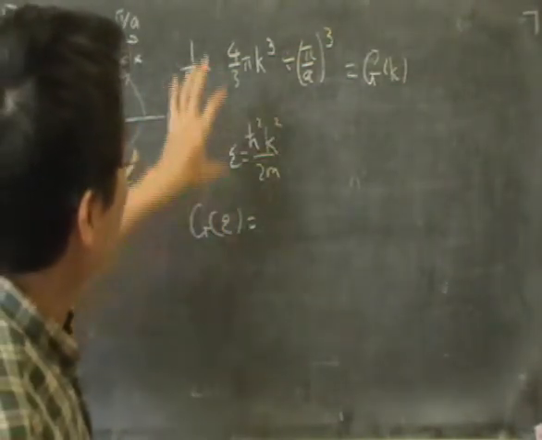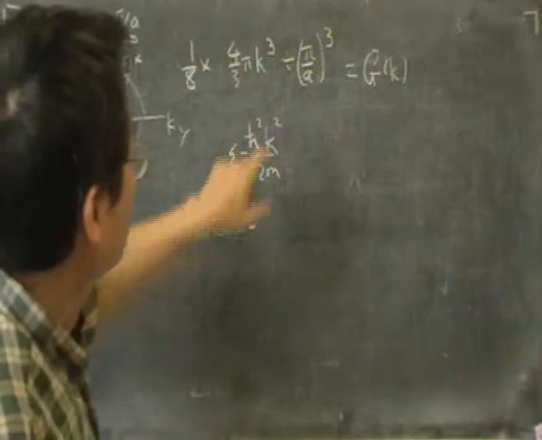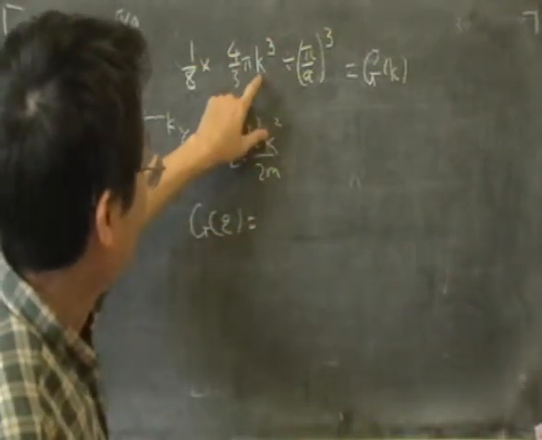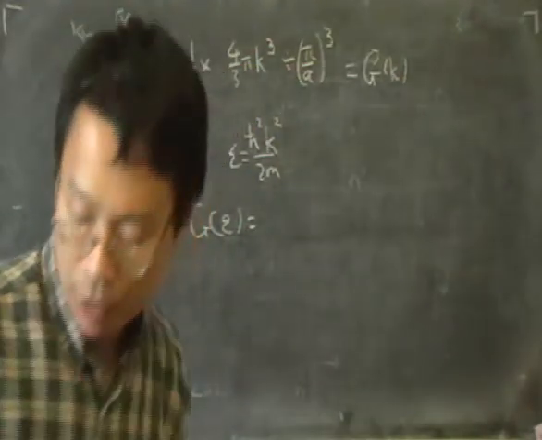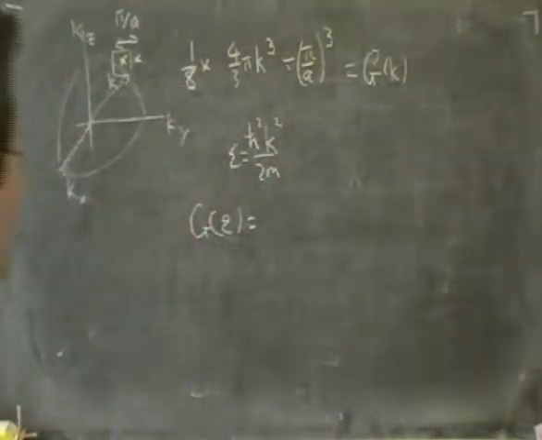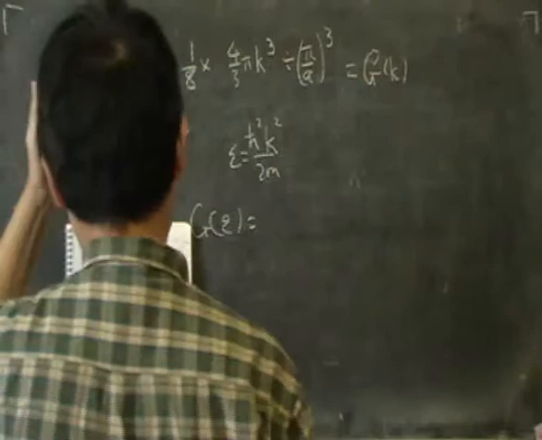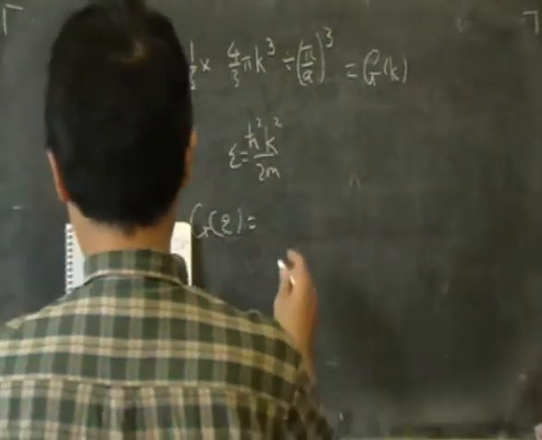All we need is to re-express k in terms of E and then make the substitution. So the answer is quite straightforward. When you do that, this is what you get.